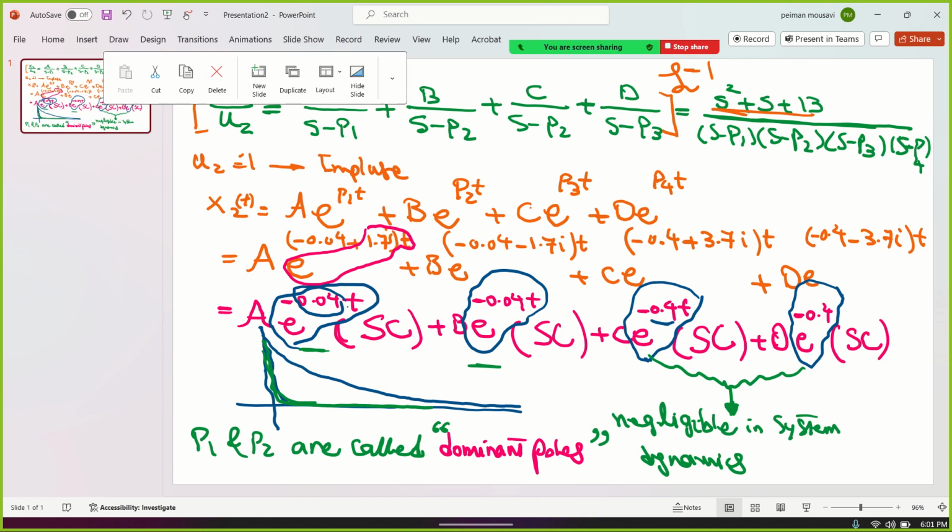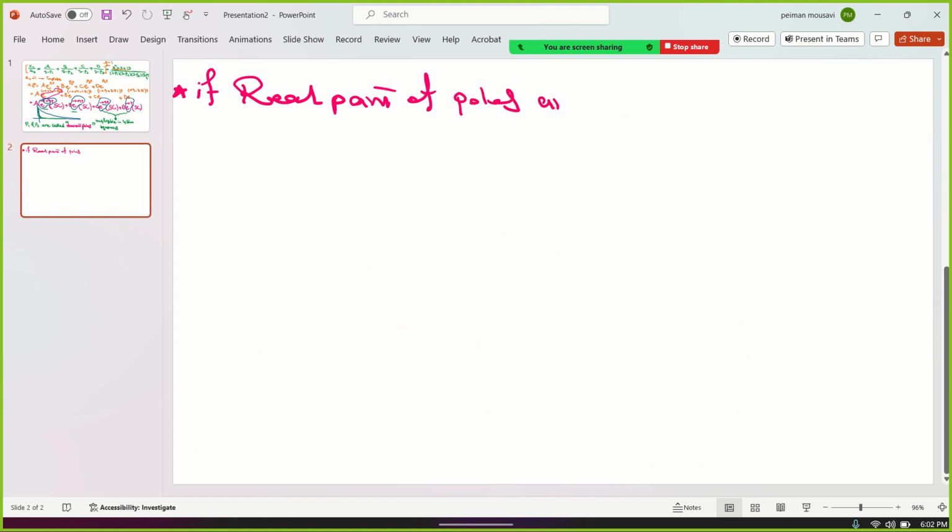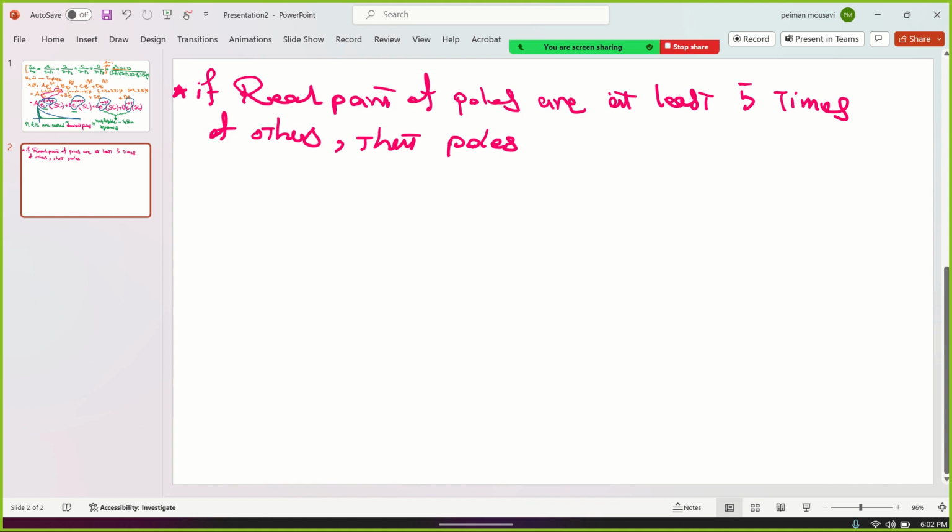So generally speaking, for any dynamical system, for any order system, 10, 20, 30, 100, whatever it is, this is the definition: if the real part of poles is at least 5 times that of the others, those poles vanish fast, and the remaining are dominant poles.